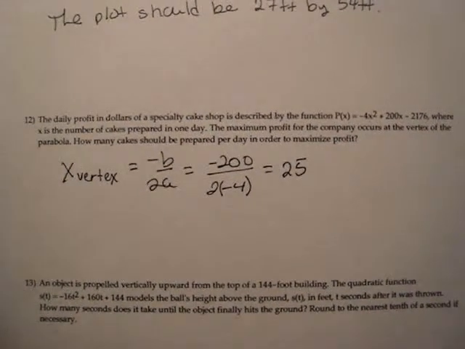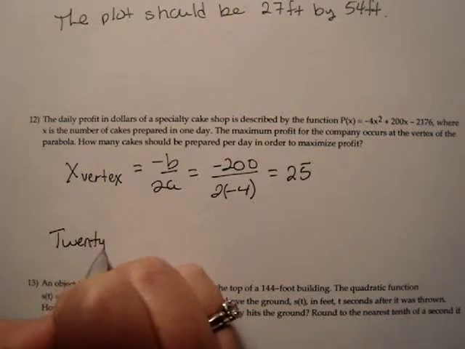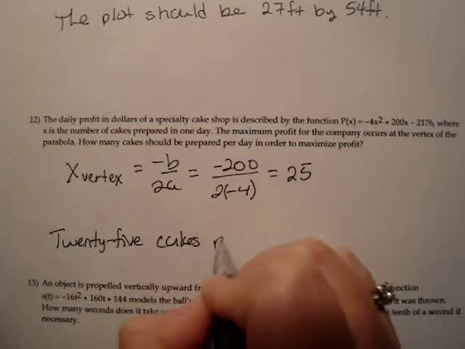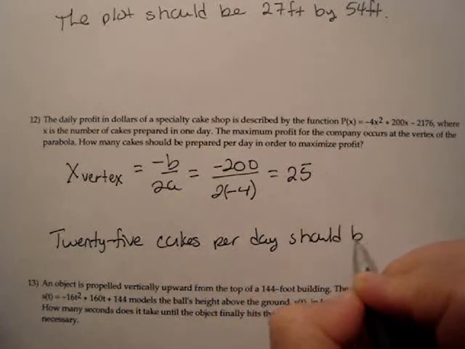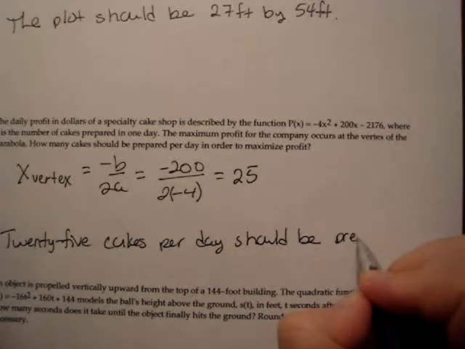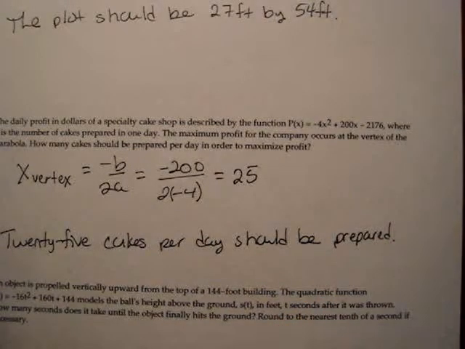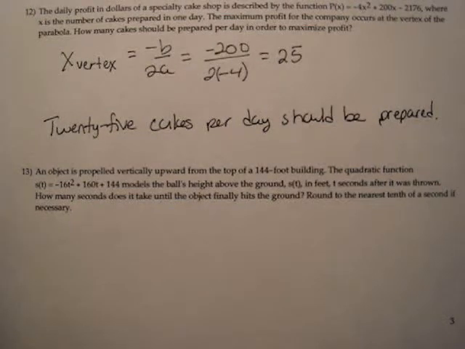So you would write, and let's be correct, at least pretend like we're correct, 25 cakes per day should be prepared. Done. Okay, now I always put 13 in here to really emphasize that you need to read these questions carefully.